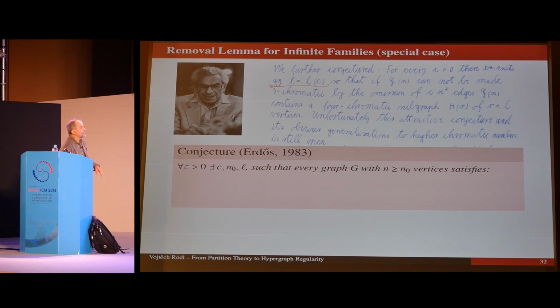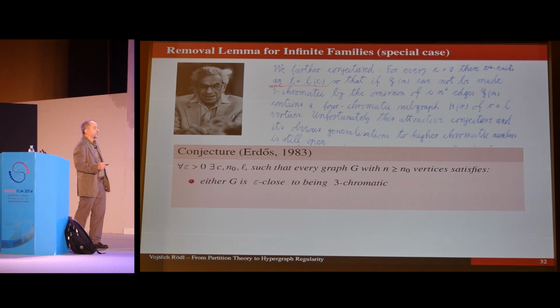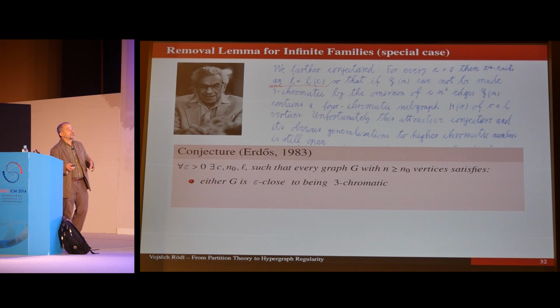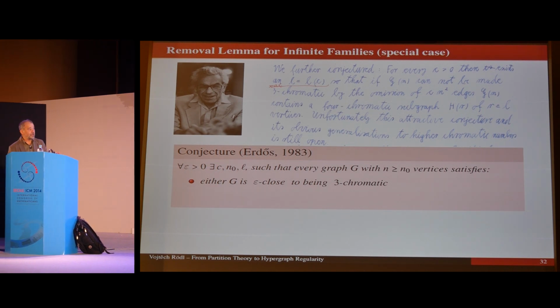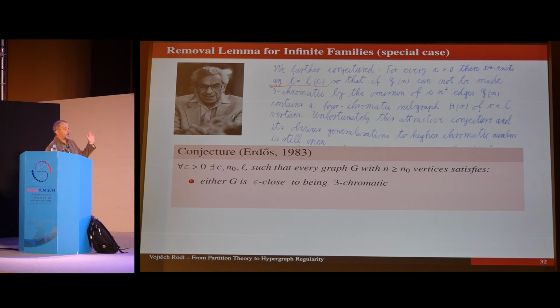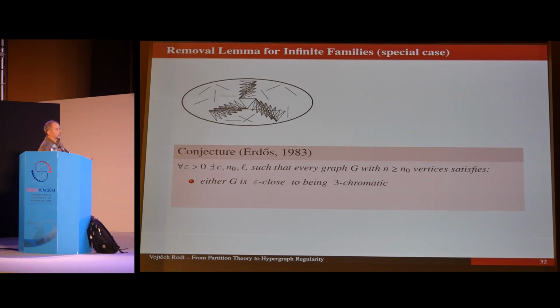C that depends only on epsilon, and L that depends only on epsilon, so that every sufficiently large graph satisfies one of two possibilities. Either G is epsilon close to being 3-chromatic. What it means is I can delete just a few edges and I get a 3-chromatic graph. So here is the structure of such a graph.